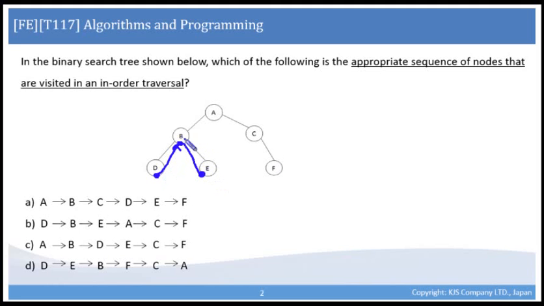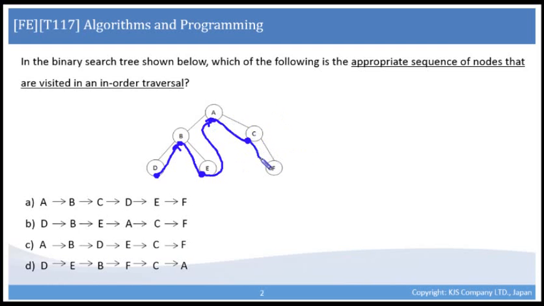Finally, we come to A, as A can be considered the parent for this whole branch. So we'll go to the parent, which is A, and then we will move to the right-hand child, C. After C, we can see that there is no parent to C on this side, and there is no left-hand child.